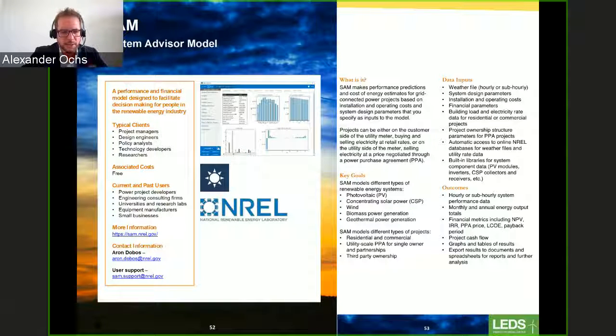So it brings those key indicators together in one model: installation and operation costs, and then a number of design parameters that you decide on yourself. It has been downloaded over 30,000 times, and it has been used specifically on many smaller scale projects.